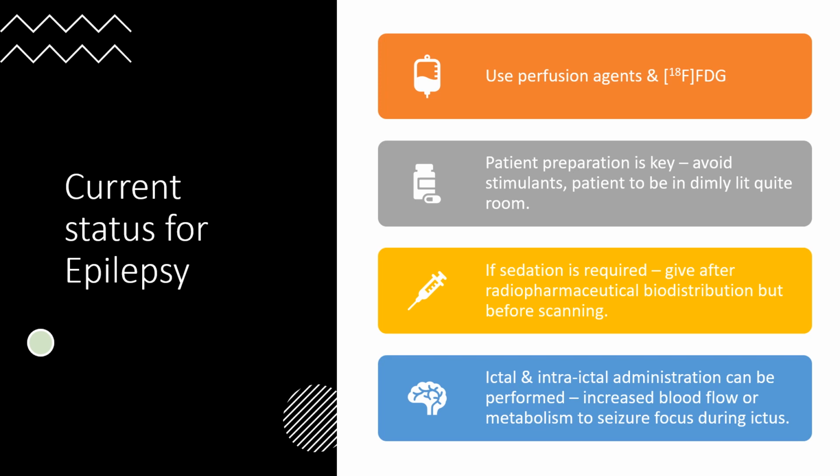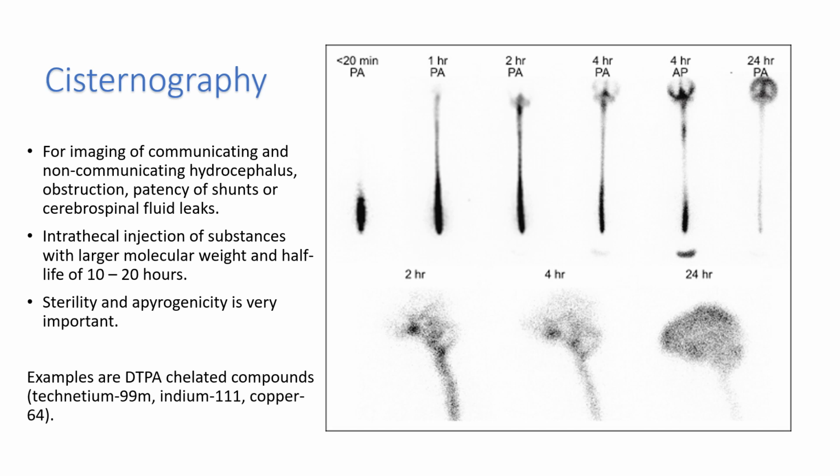Then cisternography is to look at the central compartment leakage, and also damage and obstruction of the cerebrospinal fluid.